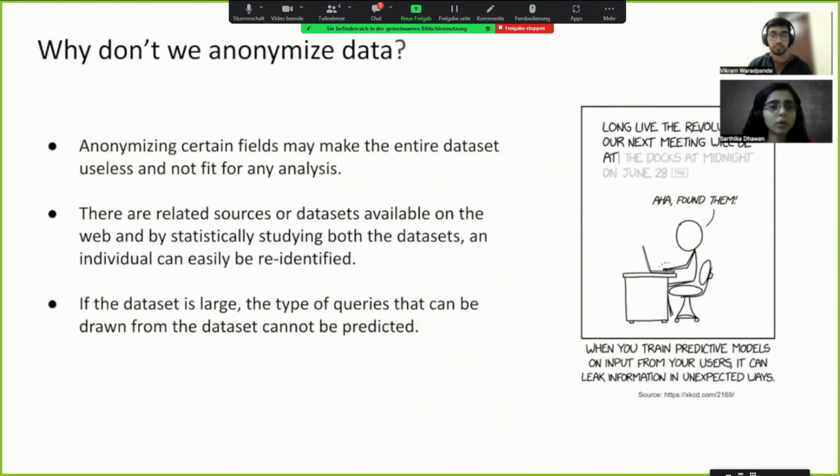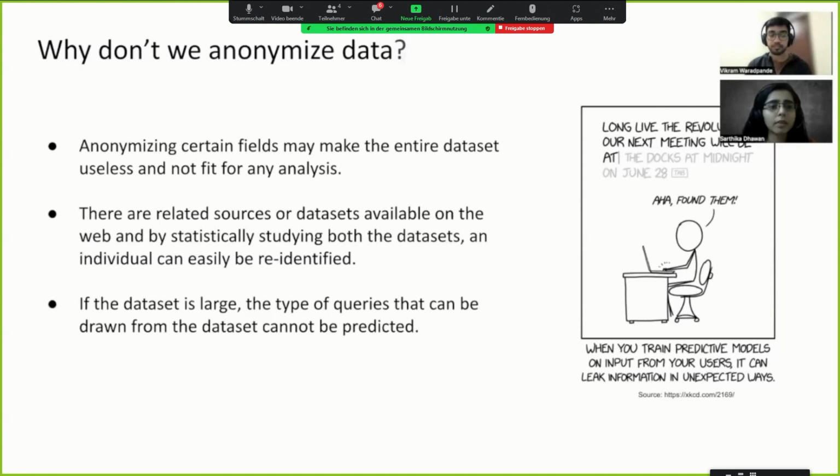Yeah, so in conclusion, why don't we anonymize data? First, anonymizing certain fields may make the entire data set useless and not fit for analysis. So it might happen that you are redacting information which is actually important for analysis, and thus rendering your model useless.